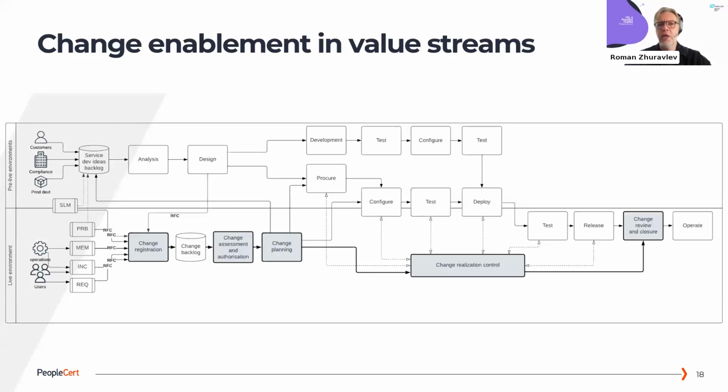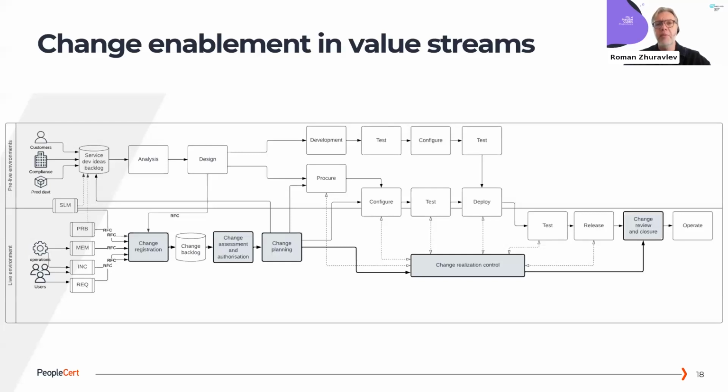Then we register a change and we have an RFC and we assess and authorize the change and we proceed to planning of the change. Depending on what needs to be done in order to resolve the incident, we can proceed to just reconfiguring something in the live environment, the lower swim lane of the diagram, and then testing that what we have reconfigured works well, deploying it, testing, releasing, and that will be the end of the change.